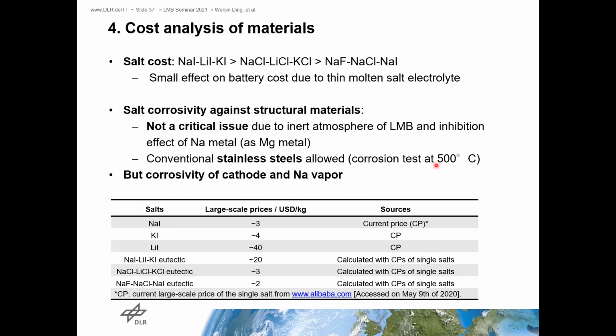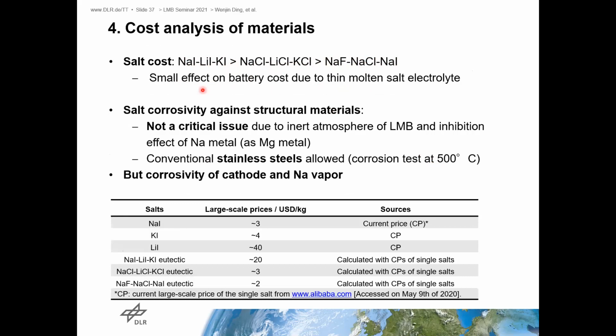We also did the cost analysis. Compared to the chloride, the iodide salt mixture is expensive. And when it contains lithium, the salt mixture is more expensive than the published salt mixture.